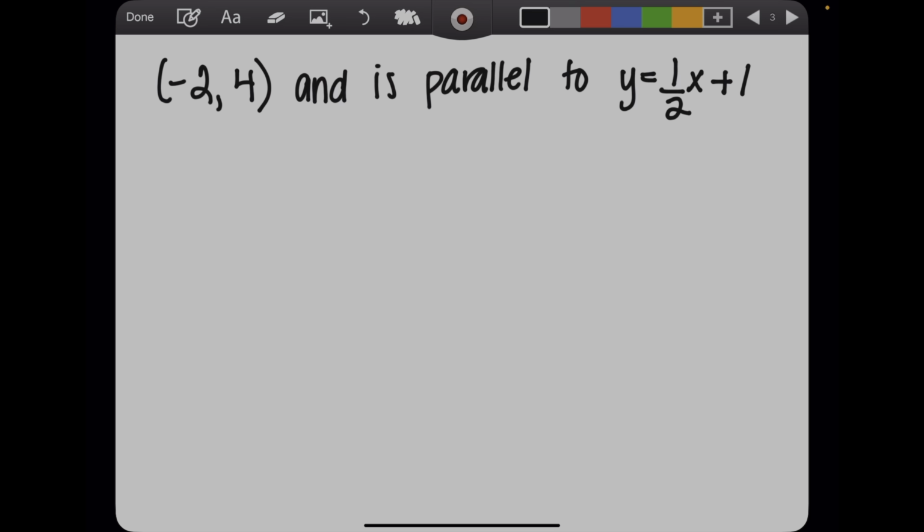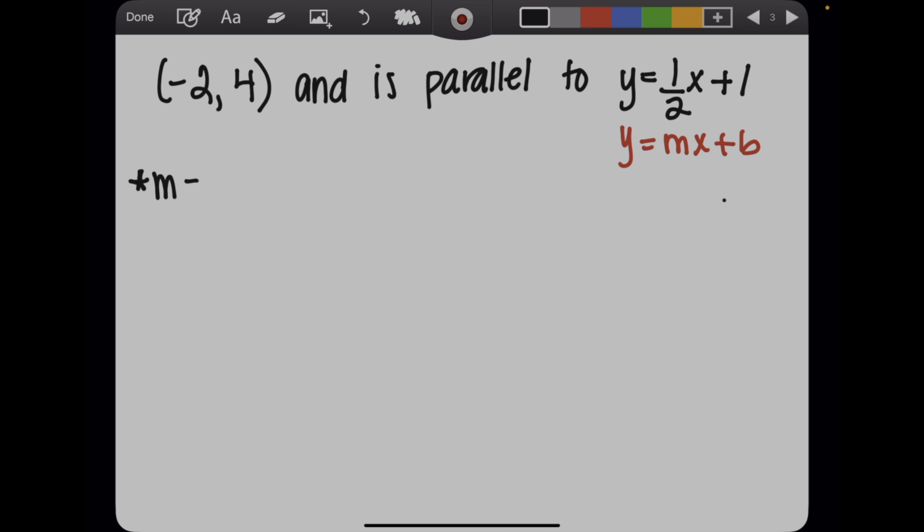First and foremost, we have to identify the slope, just like we did on the last lines. Since y equals 1/2 x plus 1, we have the equation essentially in slope-intercept form, which is y equals mx plus b, where the slope would be 1/2, because that's the m value.